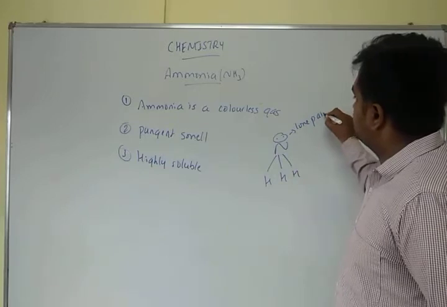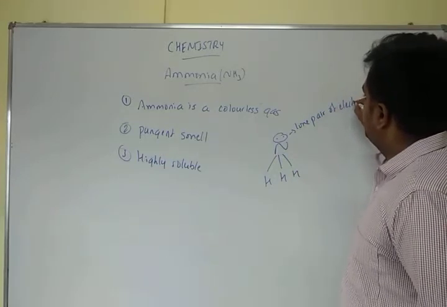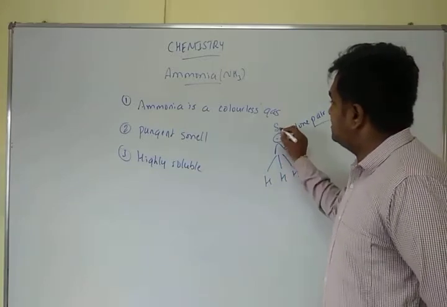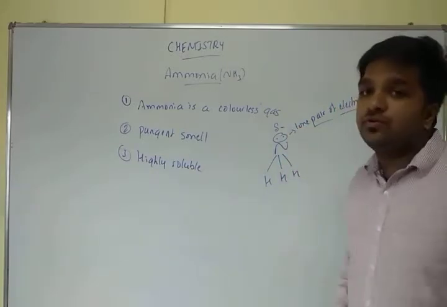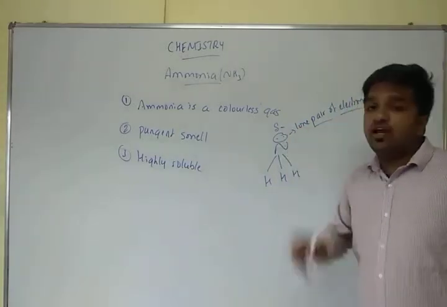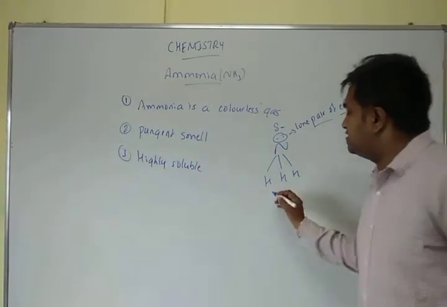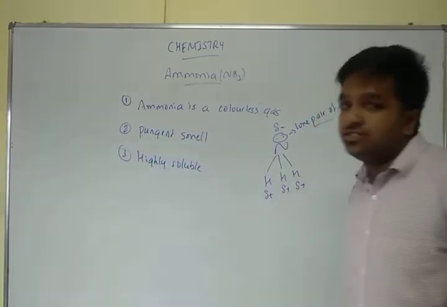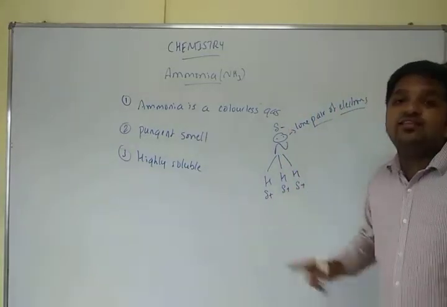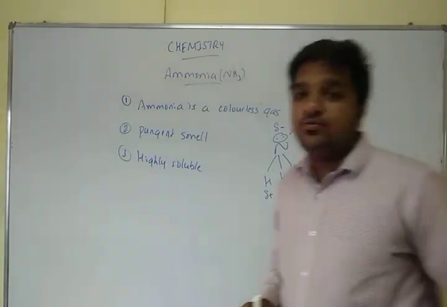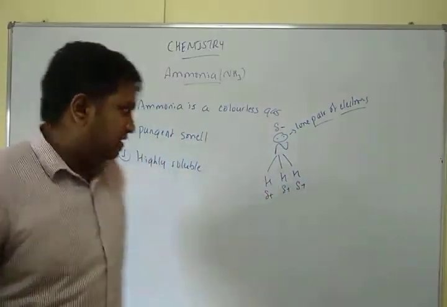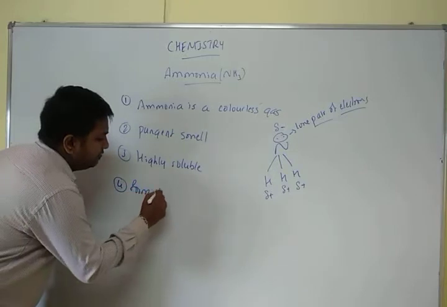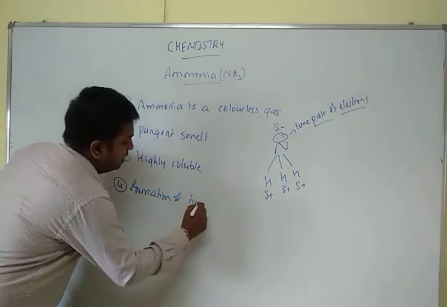As nitrogen is more electronegative compared to hydrogen, it will acquire a partial negative charge, and the hydrogens will get a partial positive charge. Due to the difference in their charges, there will be hydrogen bonding in ammonia. So the solubility is due to the formation of hydrogen bonds.